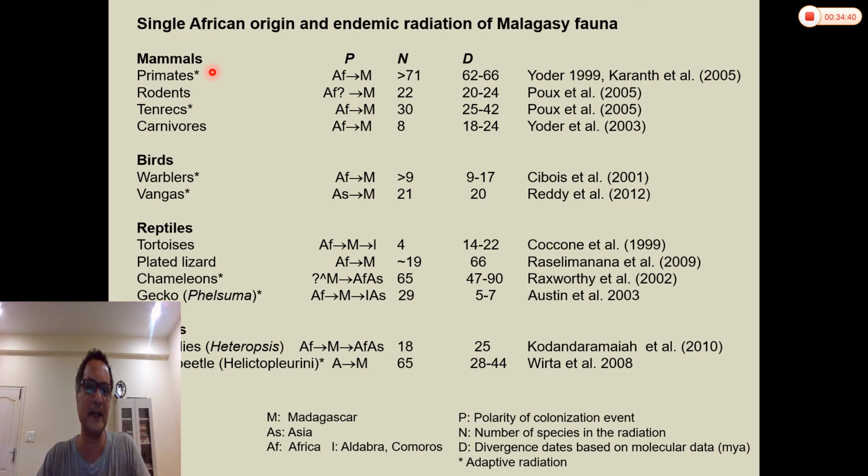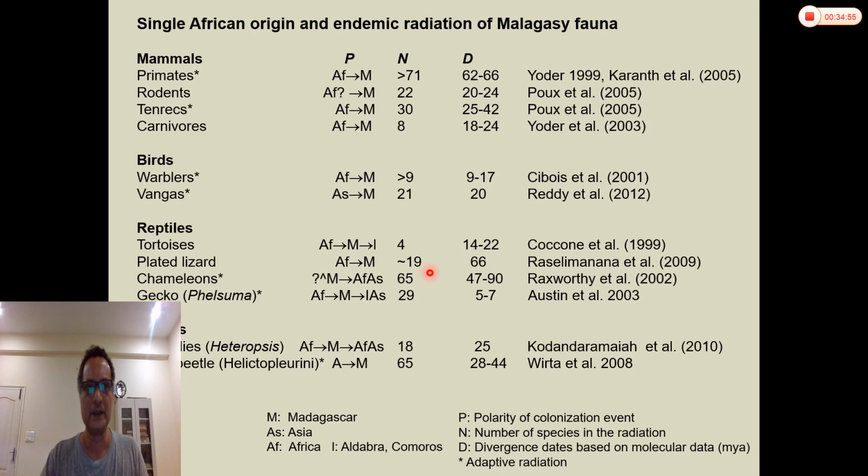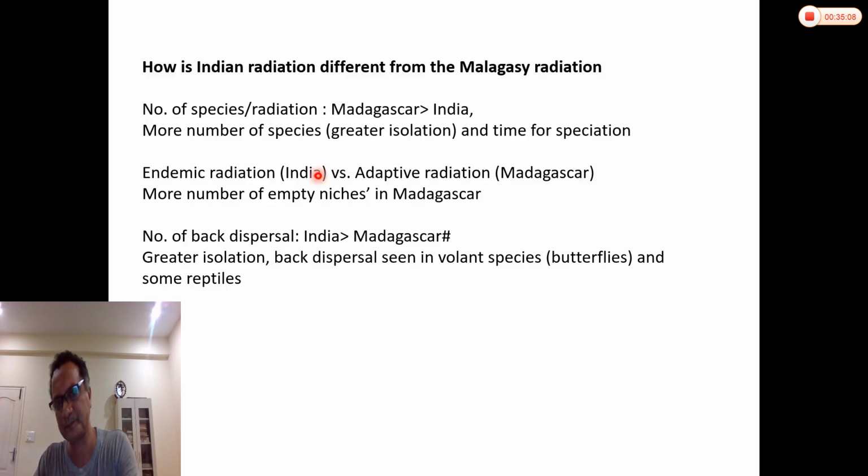Whereas a regular radiation, for example, this would be just a regular radiation. Most of the lizards look overall similar, but they are different species. So in islands, you often find adaptive radiations, and there are many examples of adaptive radiations in Madagascar.